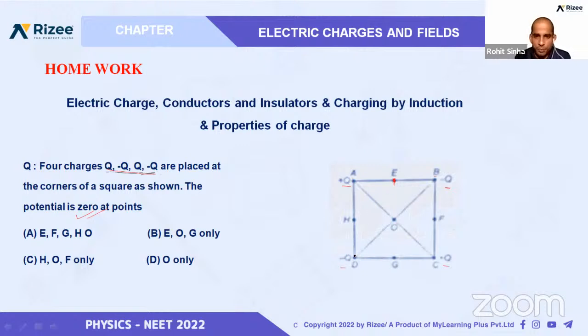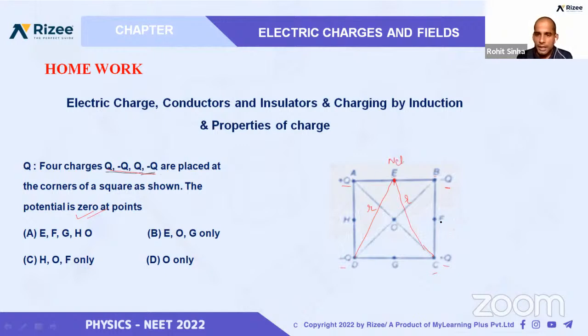This distance and this distance are both the same, R and R. So there will be positive potential and negative potential here, and this will have positive potential here. That's why we can say that at this point the net potential will be 0.